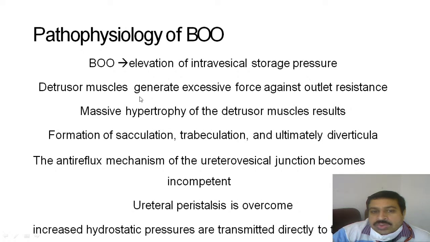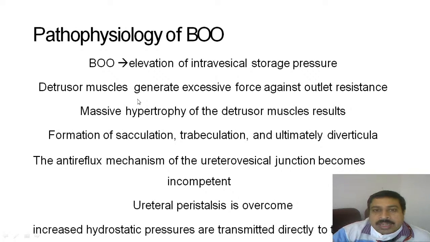It initially tries to compensate for the obstruction, and it tries to get rid of the obstruction by generating excessive force against this outlet resistance, which could be temporary, which could be permanent, as in a valve to start with. Throughout the antenatal period, the urine is evacuated and forms the amniotic fluid.